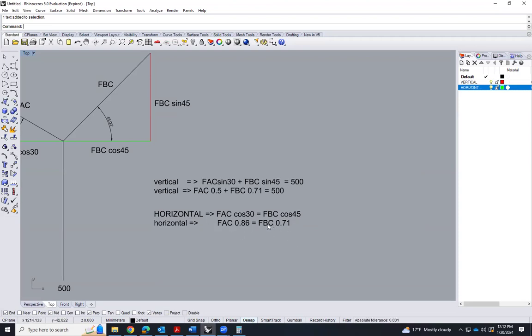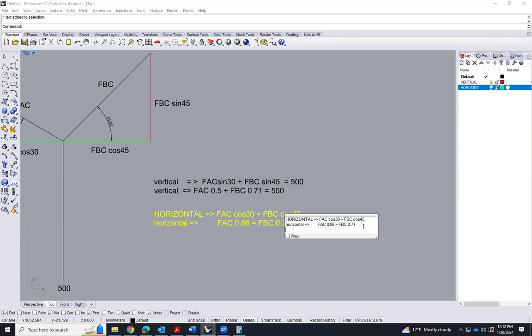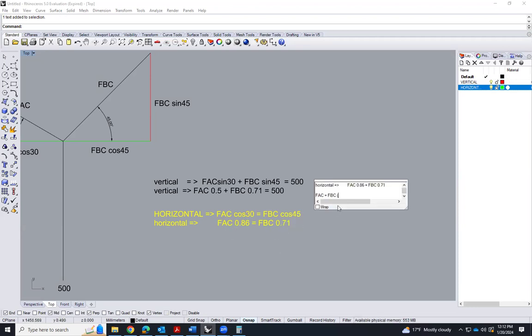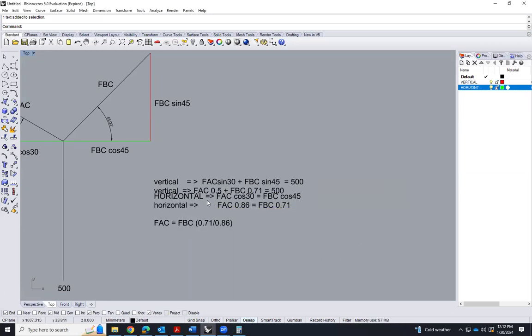Okay, so here I can easily calculate FAC in relationship with FBC. How can I do that? FAC equals FBC, and I move this down. So I have here 0.71, and I have to divide this by 0.86.